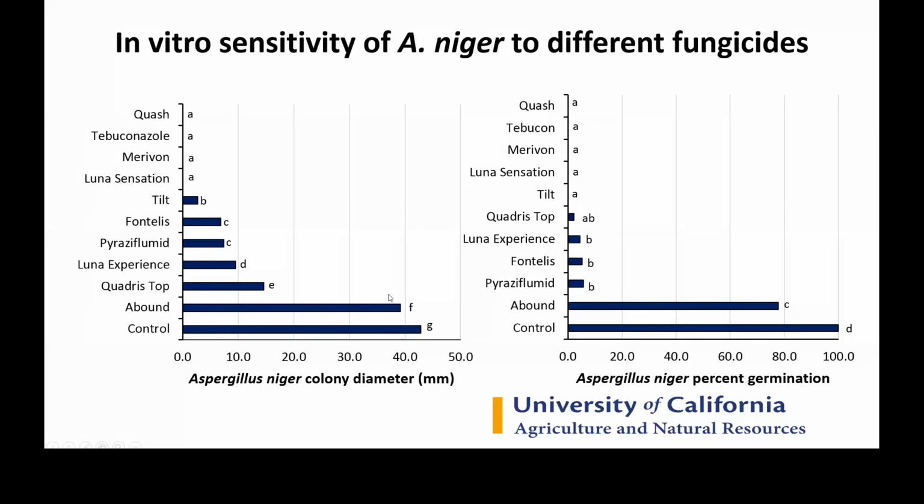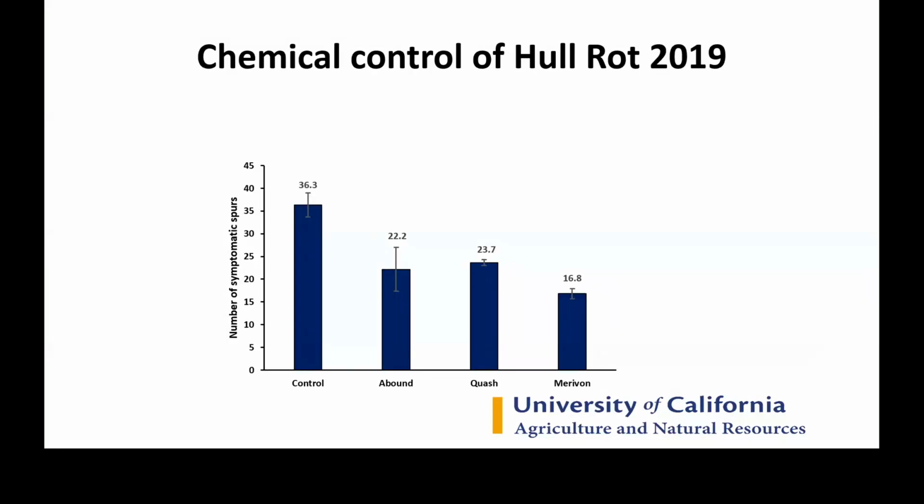So Abound did not do very well, and that prompted me to look at an experiment in the orchard, okay, using Abound, Quash, and Miravis, which is 7/11 and 3, that showed good efficacy, and Abound. While there was no significant difference statistically between the control and the different treatments here, however, we have seen that they did reduce the incidence of hull rot inside the orchard caused by both Aspergillus and Rhizopus.